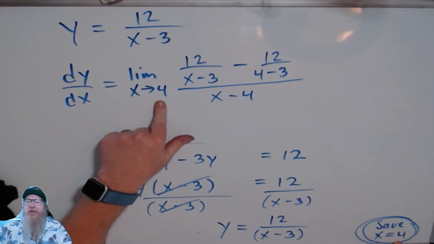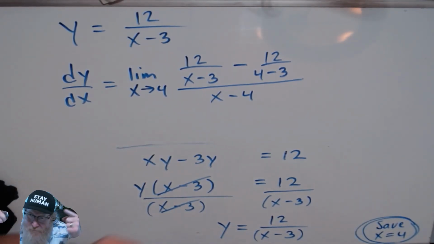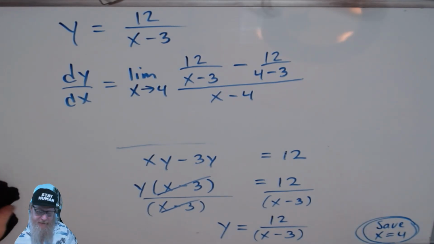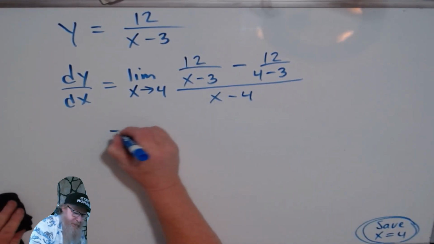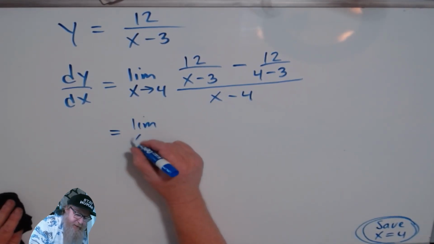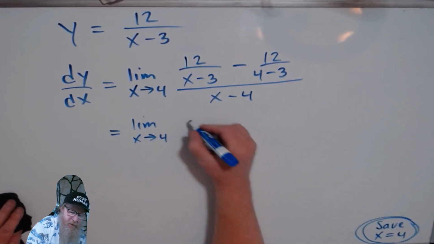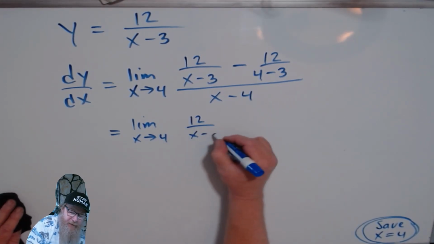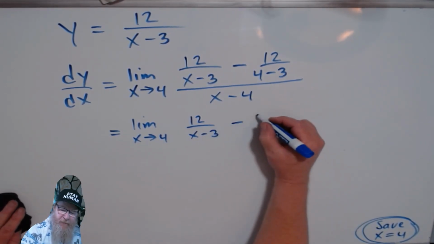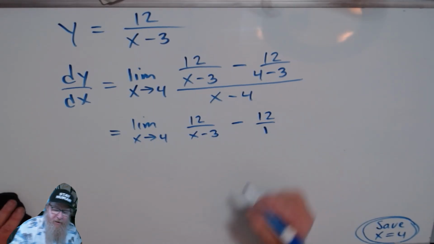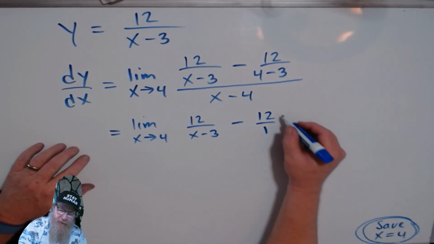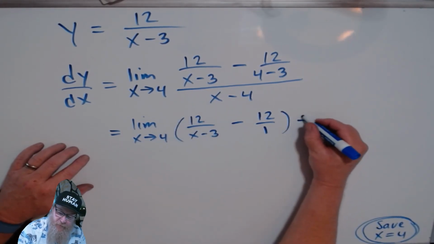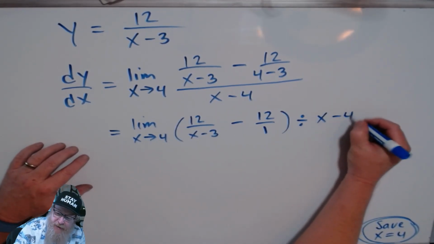So x is approaching 4, and I'm laser focused on that one answer. So the limit as x approaches 4 of 12 over x minus 3 minus 12 over 1. I like to write it like this, old school, divided by x minus 4.